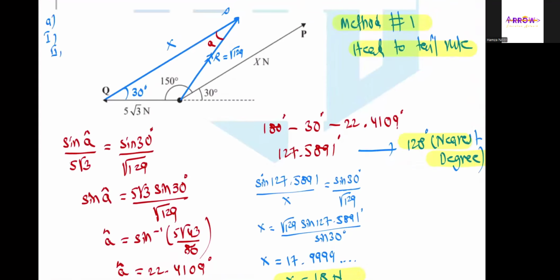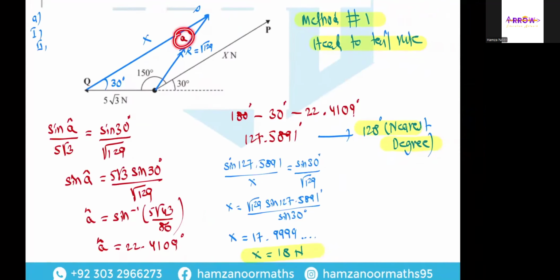According to the sine rule, I can say that sine A divided by 5 root 3, because the magnitude of vector Q is 5 root 3, which is given to us in the question, will be equal to sine 30 divided by R, meaning sine 30 divided by under root of 129.